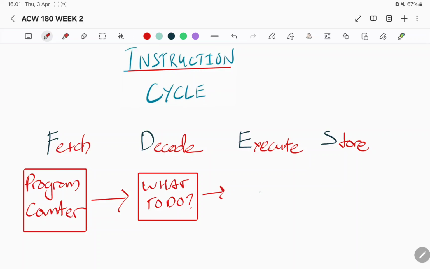Then you execute. This often involves the ALU, which is the arithmetic logic unit.